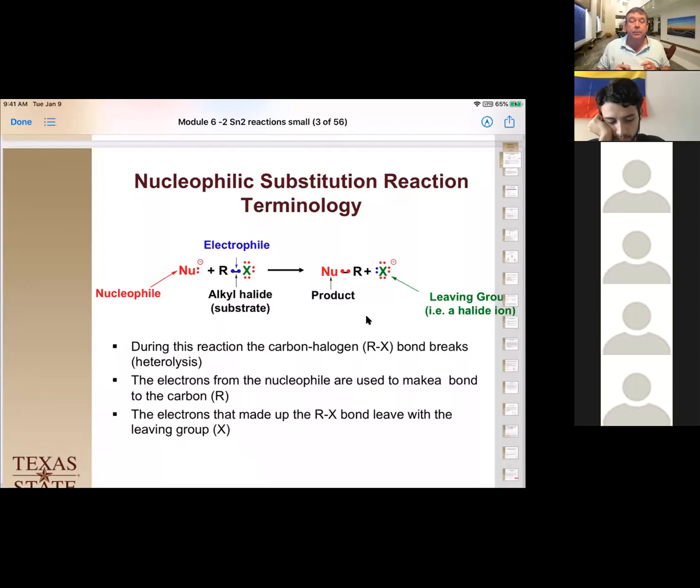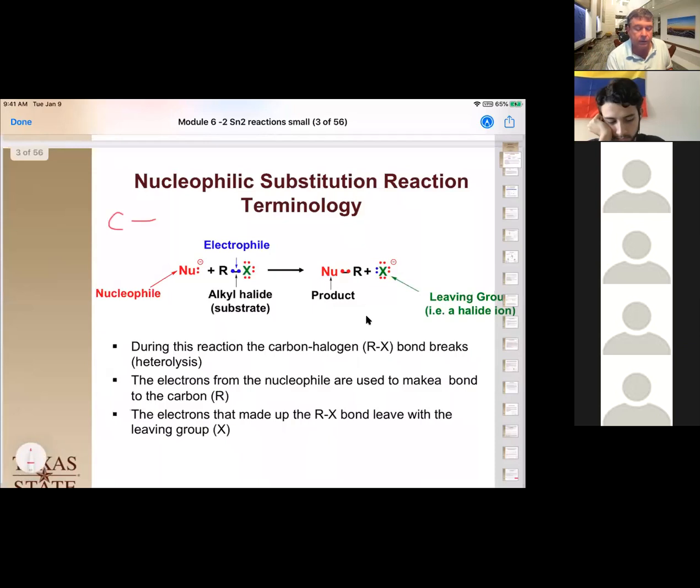Okay, so in this particular case, because our nucleophile is the one with the negative charge and the lone pair, the electrophile is the polar bond between the carbon and the halogen. Remember that our carbon is not the same electronegativity as our halogen. I'm going to do fluorine here.